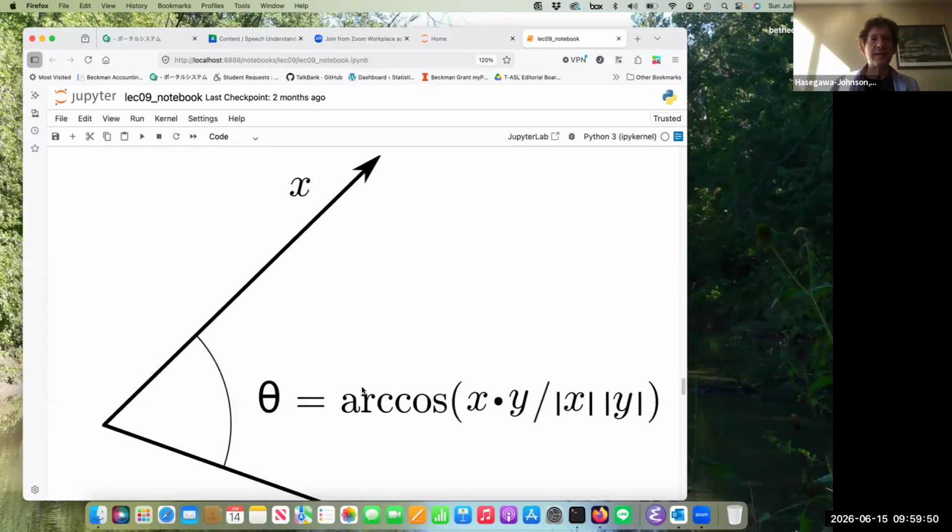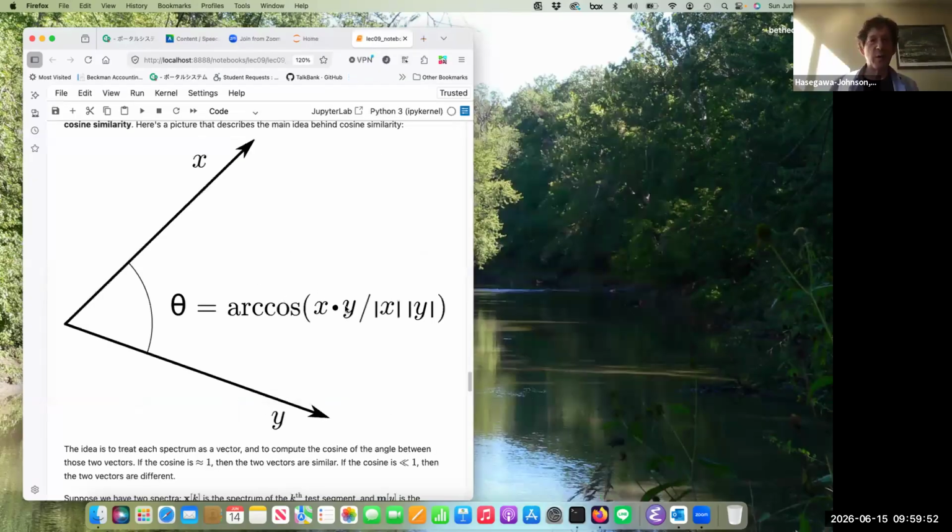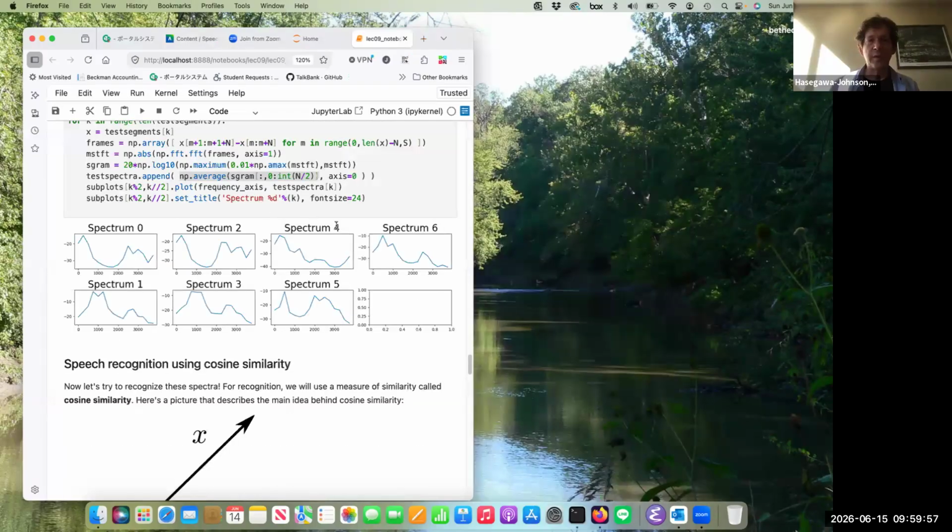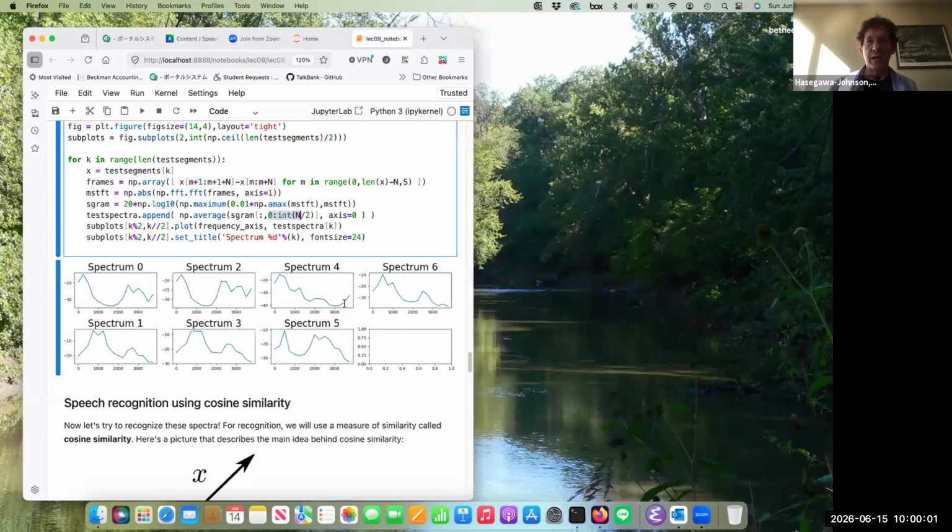So the idea of the cosine similarity is to treat each one of these as a vector. Remember, each one of these actually has only n over 2 samples. It looks like a continuous plot, but it's a continuous plot that only has this many samples. Capital N is 4 milliseconds at 8,000 samples per second.